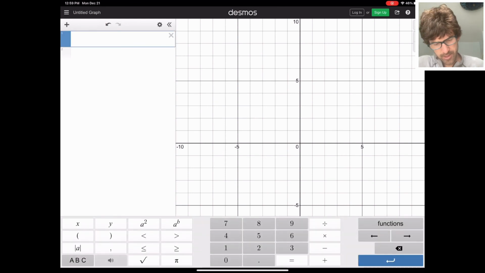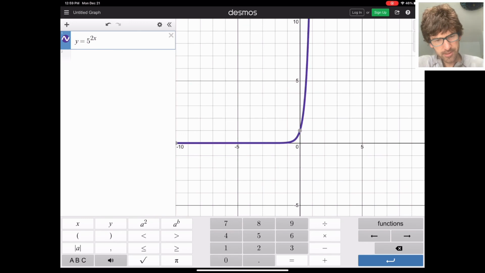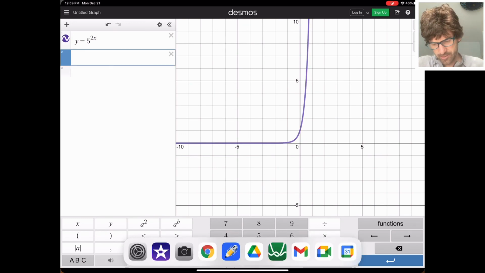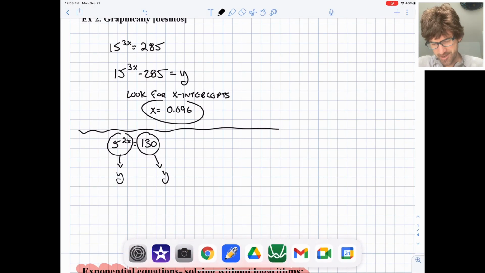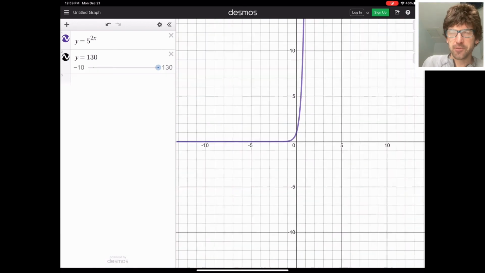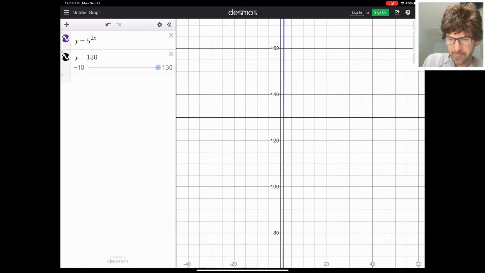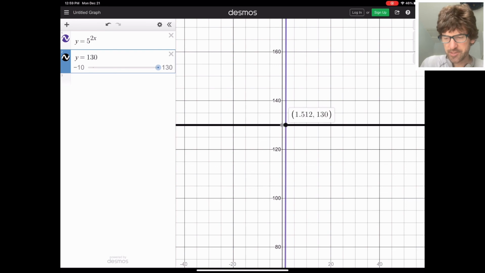So our first one is y equals 5 raised to the 2x. And the second one, let's go back, what was it? 130. So y equals 130. And we're just going to look for where those two functions intersect. Zoom out a little bit, and we can see that they intersect at 1.51.